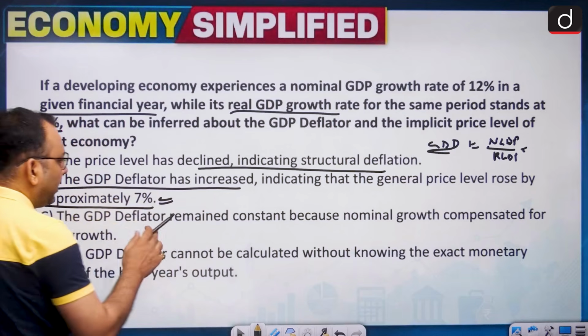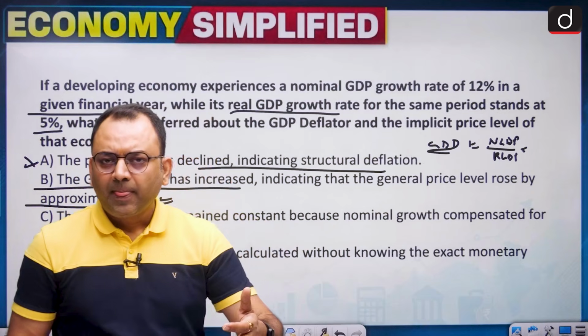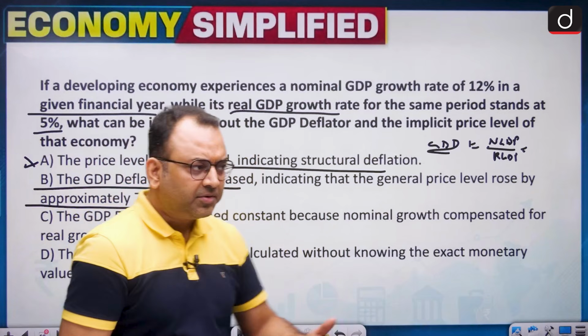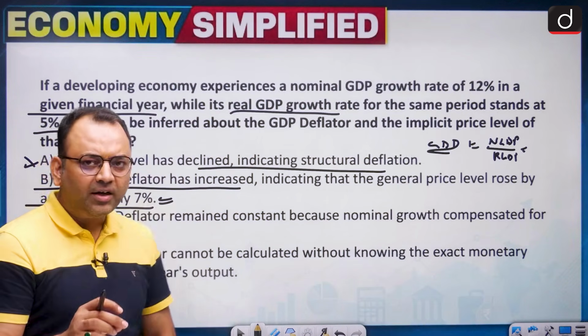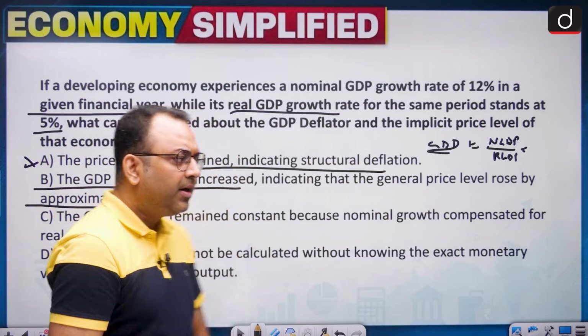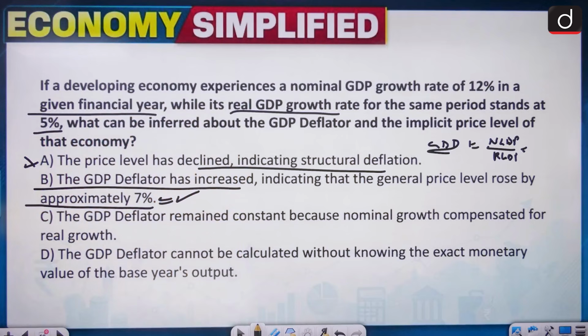This is correct because the nominal has grown by 12%, real by 5%, so say 7%. So what we see is that the deflator is the inflation, which shows that the prices have increased by nearly 7%. This is a true statement, a correct statement.